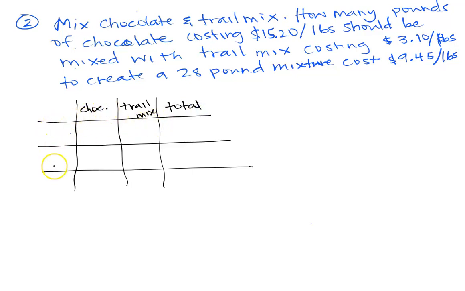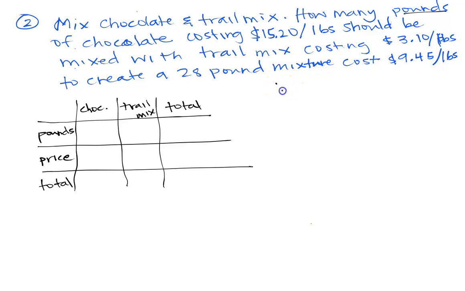And then down the side, I need to remember the labels. So I'm dealing with pounds, and I'm dealing with money, so the price, and then the total. I'm just going to fill in what I know, but first I want to identify my variables.